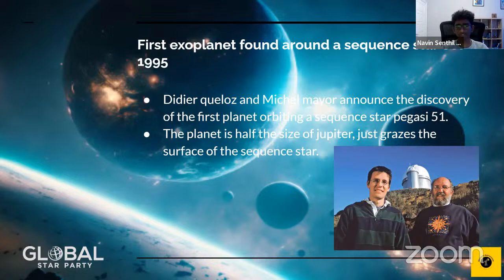The two astronomers who found it were Didier Queloz and Michael Mayor, who announced the discovery of the first planet orbiting the main sequence star 51 Pegasi. For reference, the planet is half the size of Jupiter, and it orbits extremely close to the surface of its star, which is very interesting and something astronomers are still wondering about and researching in recent days.